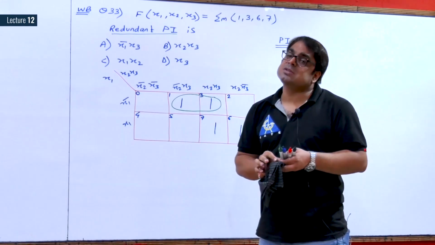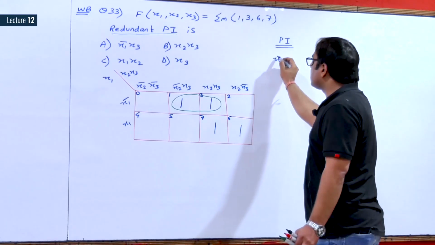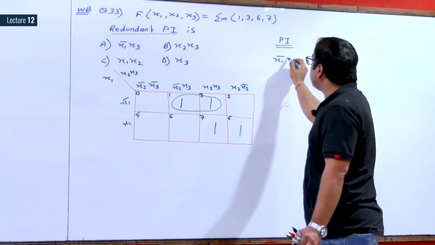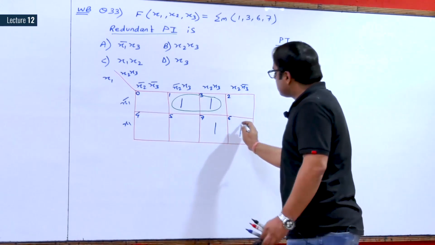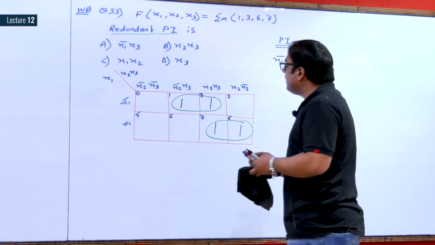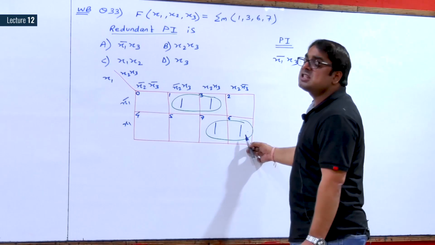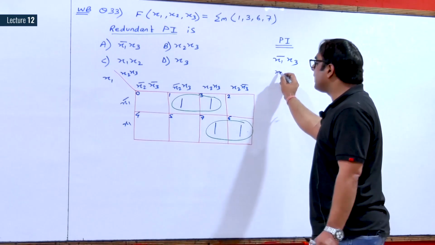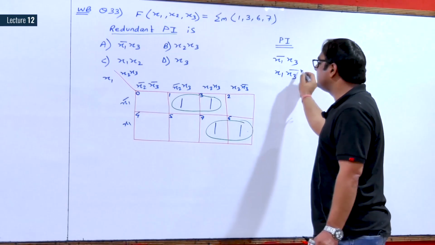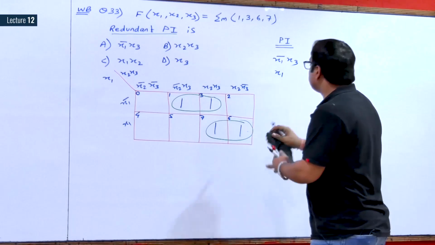So x1 complement x3 is a prime implicant. 6, 7 is also a prime implicant because this pair is not a part of any quad. So the prime implicant is x1, x2.